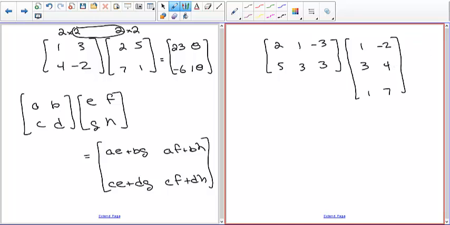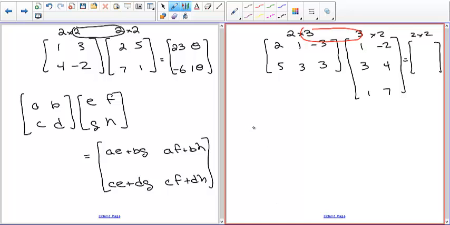Okay, so this is a 2 rows by 3 columns, and this is a 3 rows by 2 columns. Because these inner dimensions are the same, we can do it. The resulting matrix is the outside, so the outside is 2 by 2, so the answer is going to be a 2 by 2.